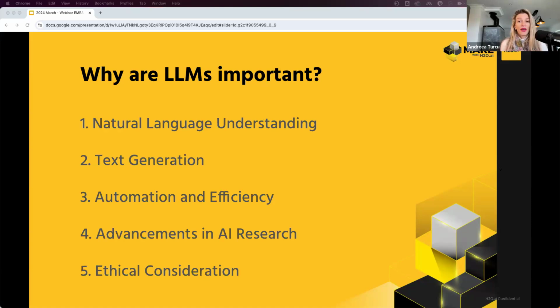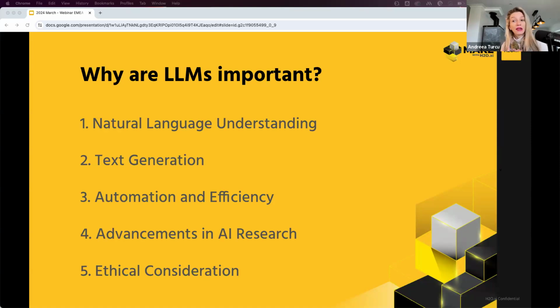For example, advancements in AI research and ethical considerations. These are areas where LLMs can help us identify faster different patterns and behaviors that might be destructive, or might become destructive, so that we can prevent such situations.